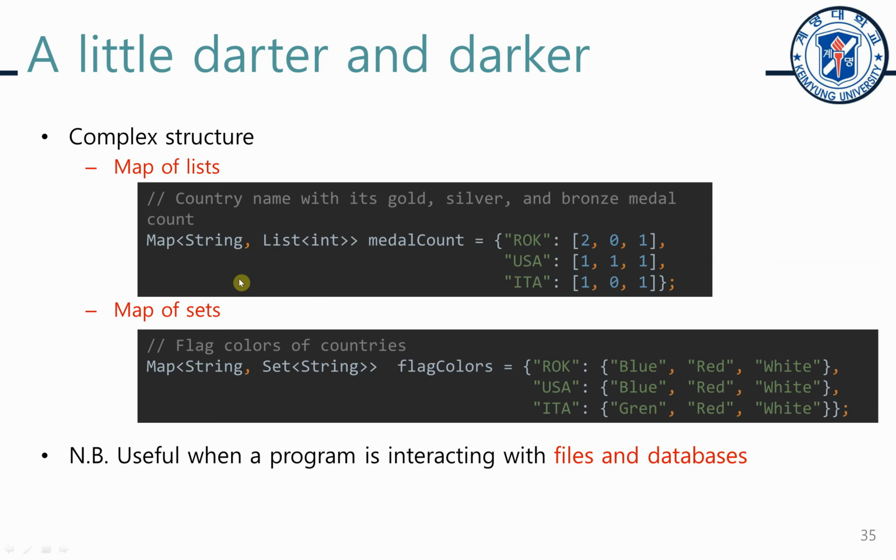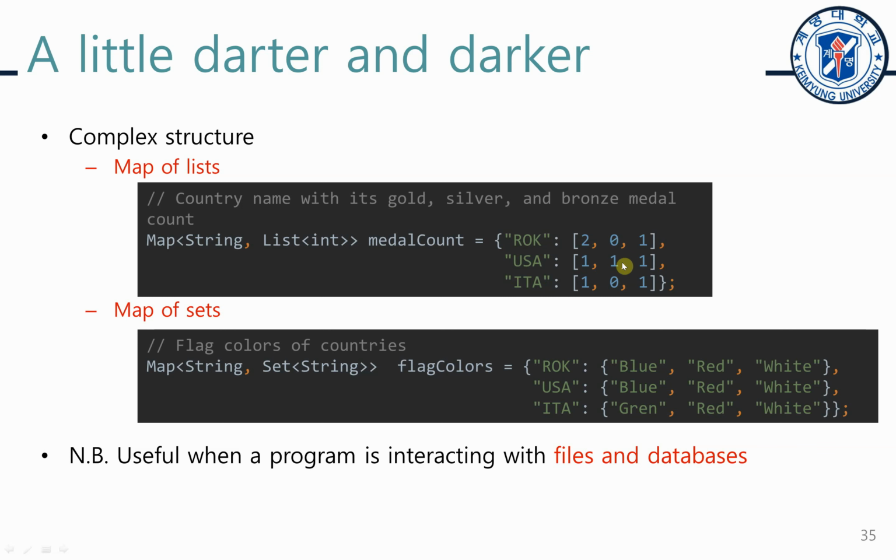So the key is string and the value is a list, and we can use this map to be able to store the count of medals during the Olympic Games. For instance, in this case, you can see that Republic of Korea has 2 golds, USA has 1 gold, Italy has 1 gold.